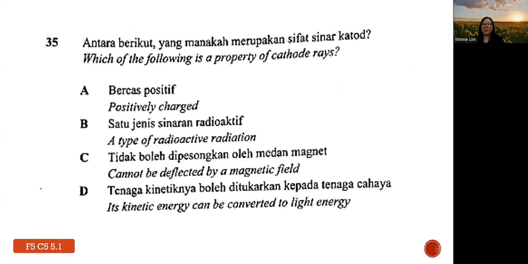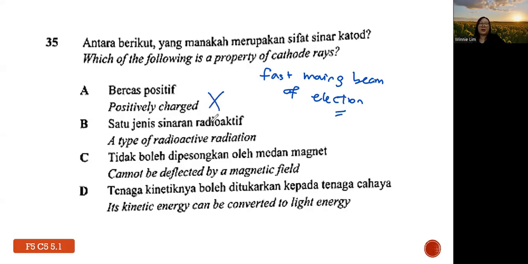Which of the following properties is of cathode ray? So for information, what is cathode ray? Cathode ray is fast moving beams of electrons, right? Okay, so if it is electrons, it's supposed to be negative charge. So positive charge is wrong. Radioactive radiation is also not correct.